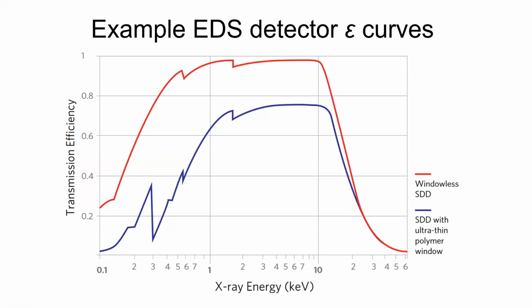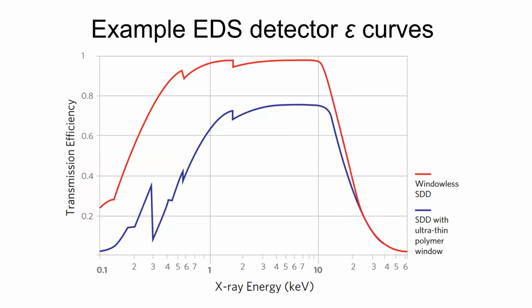Okay, as your X-ray energy gets higher, it becomes easier to penetrate through those and then go into the active area. Okay, but then you might be wondering, well, why do I get this drop off when I get to 10? Right? Why does this drop off and then down at 60 keV, I once again have pretty poor efficiency? Well, as your X-ray energy goes up, it actually becomes possible for the X-ray to just pass straight through the detector without being detected.